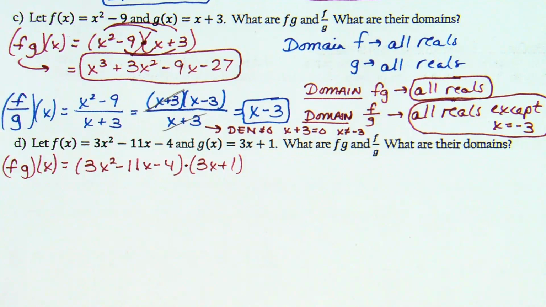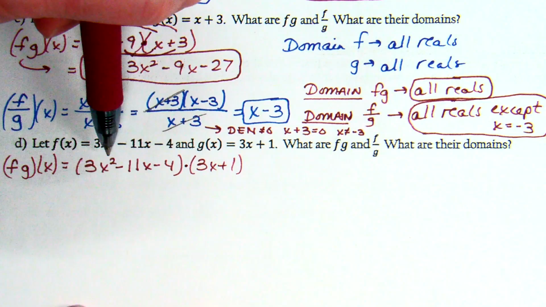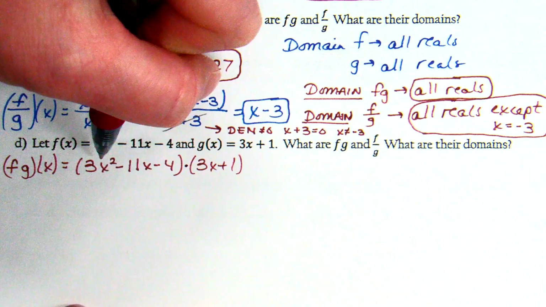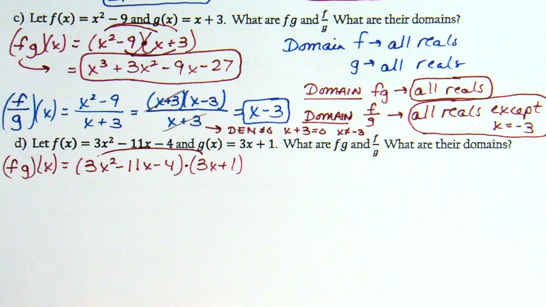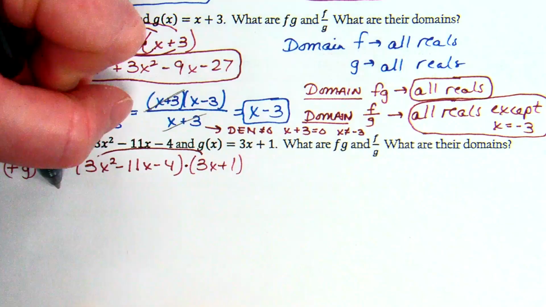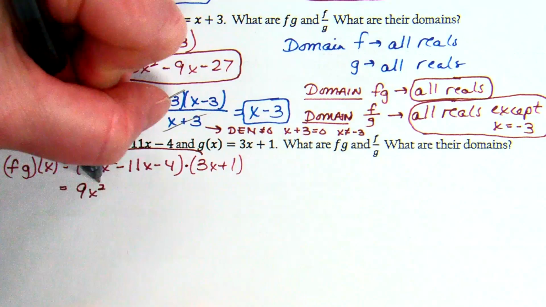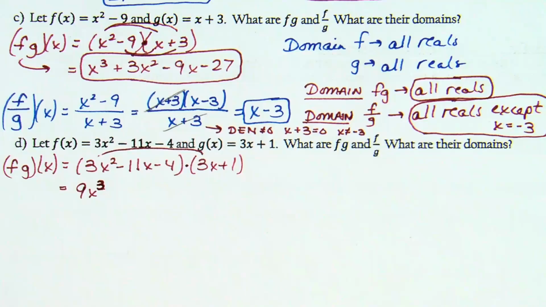In the previous problem we used FOIL, or it's a big old distributive. Same idea here. We technically can't say FOIL, but it's just a bigger version of FOIL. So my rule is take each term and pair it up with each thing in the other parenthesis. Technically you can do this either way you want. So if I start right here with 3x squared, 3x squared times 3x, 9x cubed.